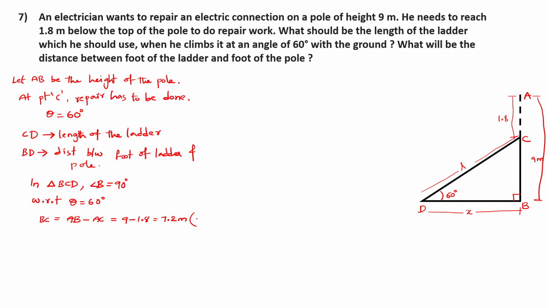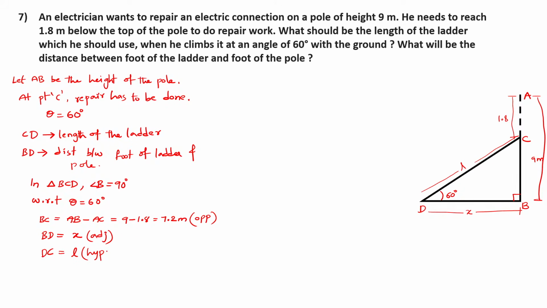So this becomes the opposite side to the acute angle. Now BD is equal to X, we assumed, that becomes the adjacent side, and as usual DC is nothing but the hypotenuse, we assumed it as L.